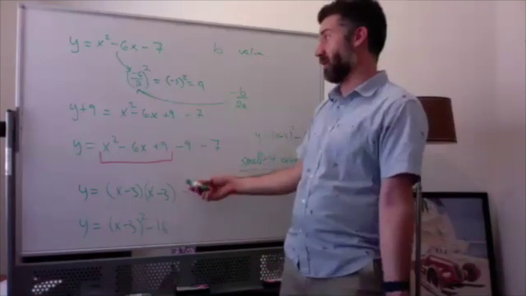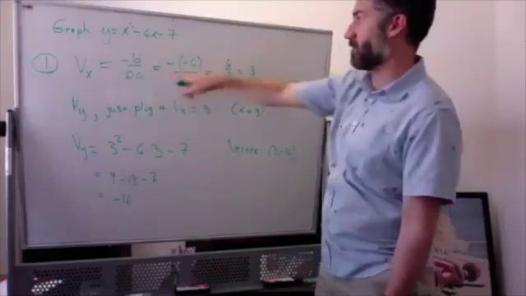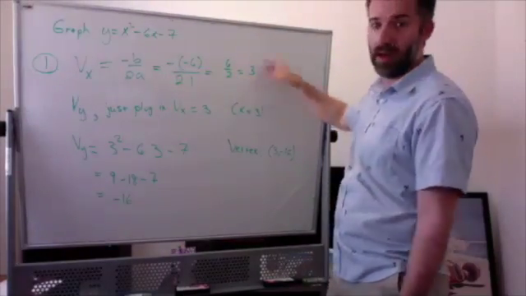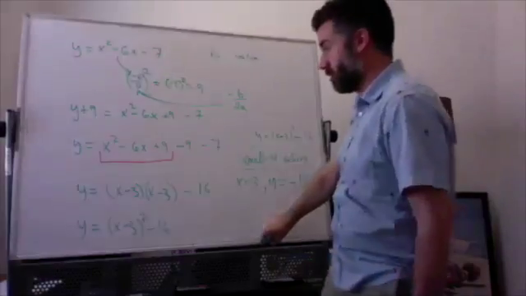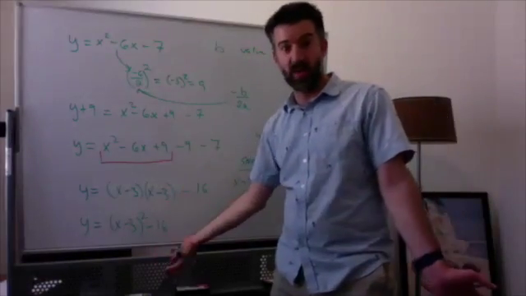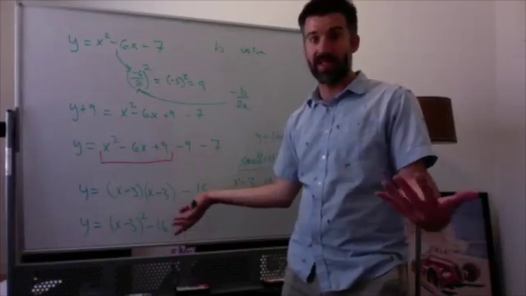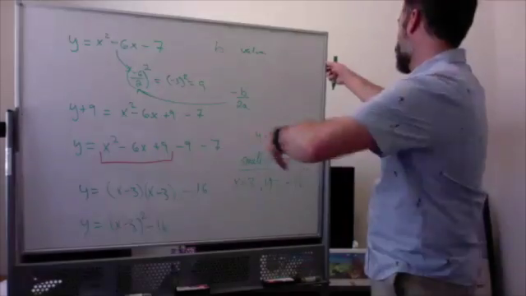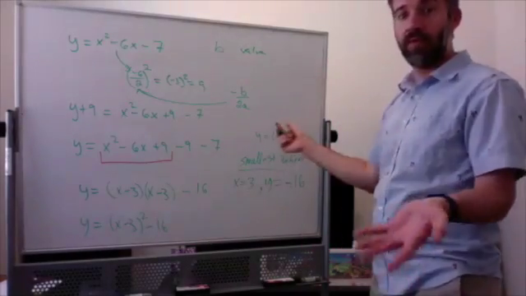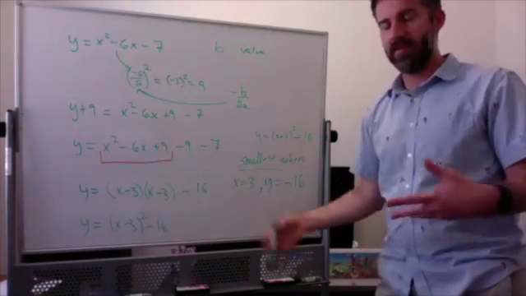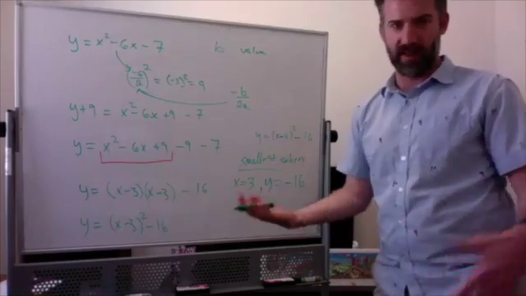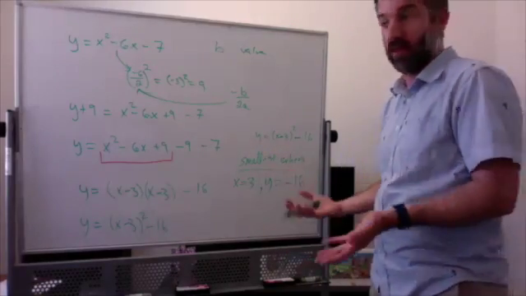But you can also see that whether we do negative b over 2a to get 6 over 2, which is 3 here, or we get it from doing it like this, it's still 3 in either case. So it really is the same thing. Not that that's a full proof of why you can do negative b over 2a, but at least it's offering some evidence that it makes sense that this kind of thing works.